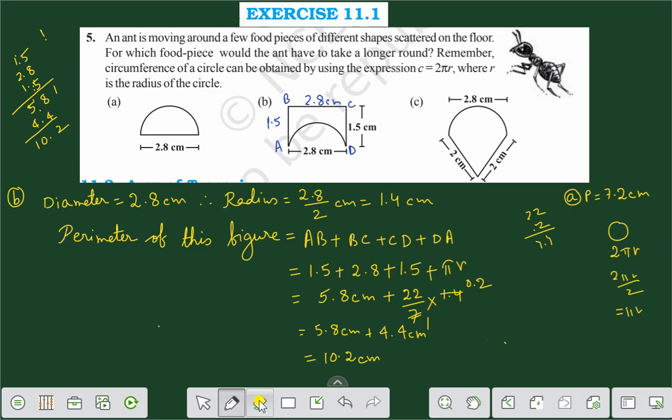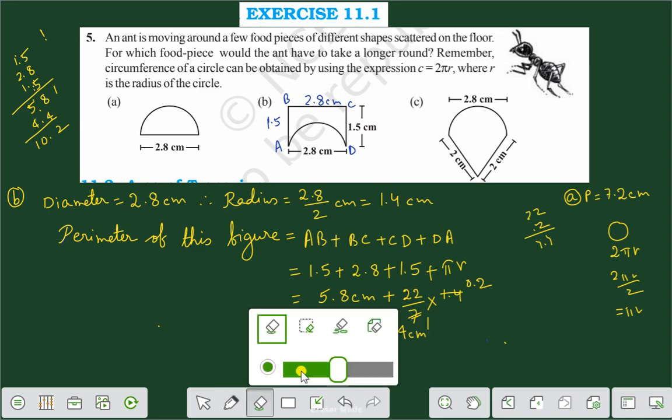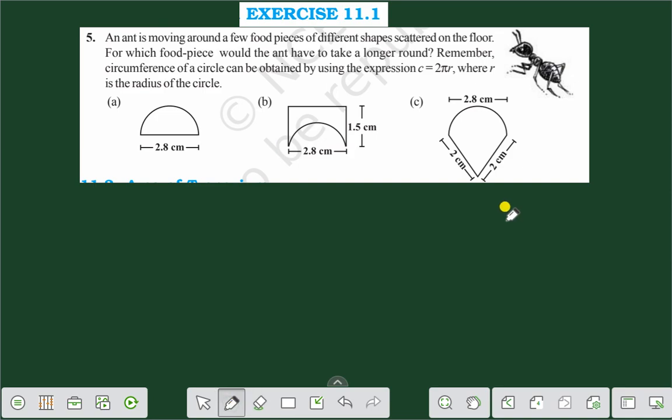Now we'll solve the third part, that is C. Now we get the perimeter of A as 7.2 centimeter, and perimeter of B, this part, we get 10.2 centimeter. Now I'll find the third part, this one, right? Let us solve the perimeter of the third part, this one.